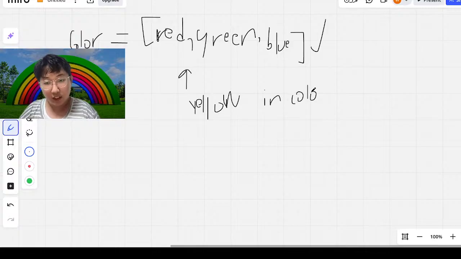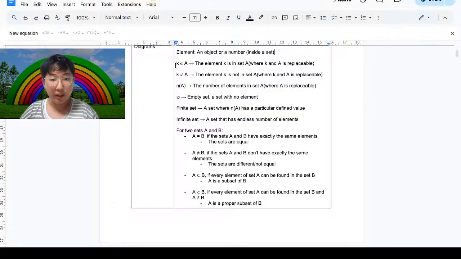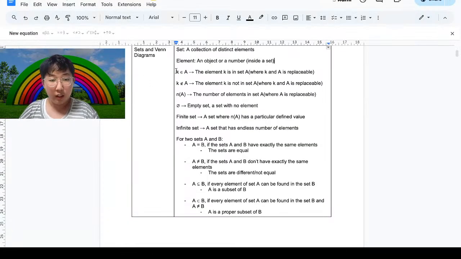The obvious answer here is no. But how do we annotate this in mathematical terms? We have this symbol here, which shows that the element k is in set A, where k and A are replaceable.